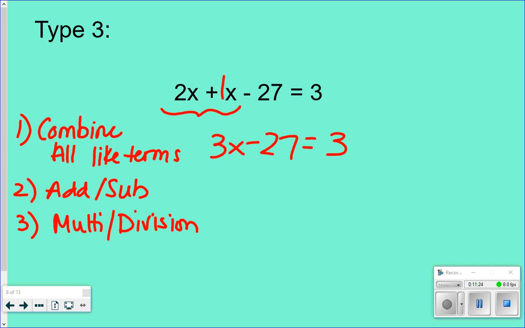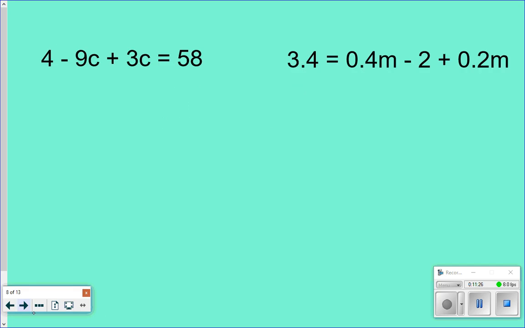Okay. Let's try some more of these, shall we? You try these yourself. See if you can do it. It's just combining your like terms first and then solving. Do the one on the right. How do I do the one on the left? Okay.